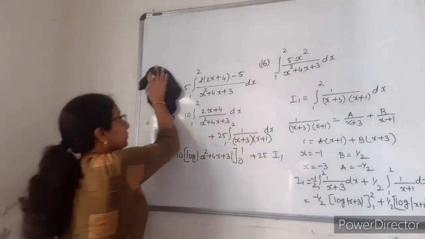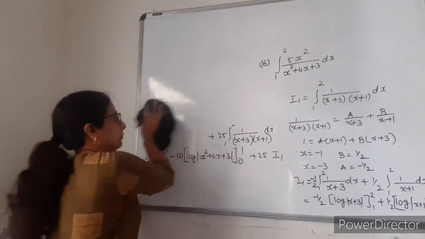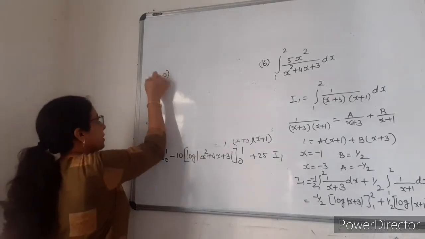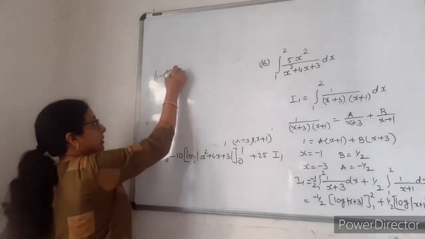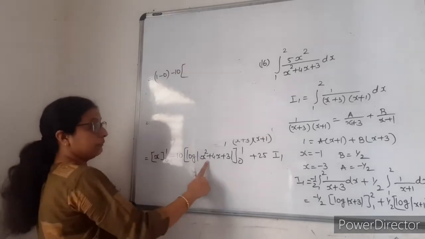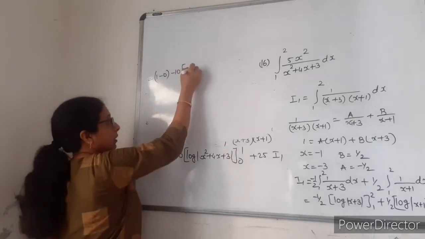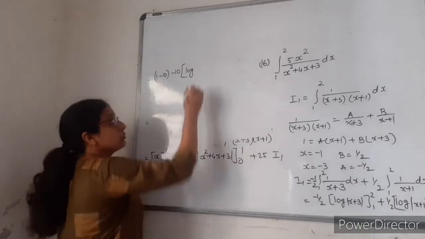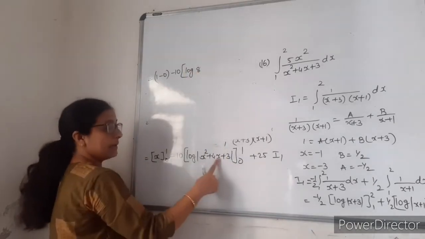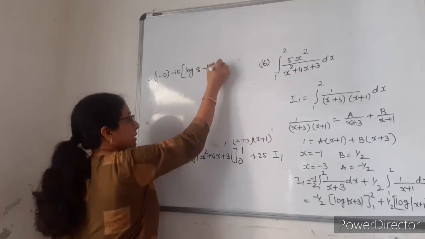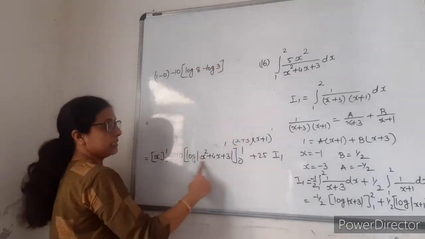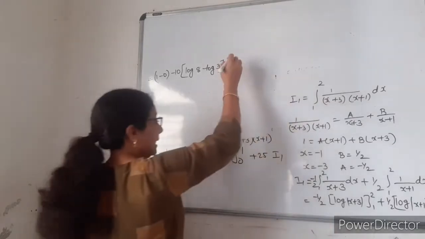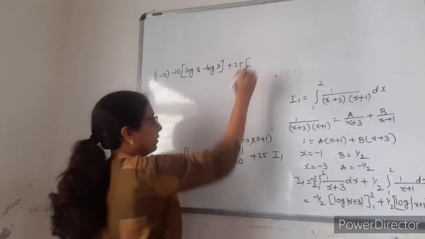So here 1 minus 0, this is easier. Minus 10. If you apply 1, log 1 plus 4 is 5, plus 3 is 8. If you apply 0, minus log 3, this will be 0. Yes? Then we'll apply plus 25.